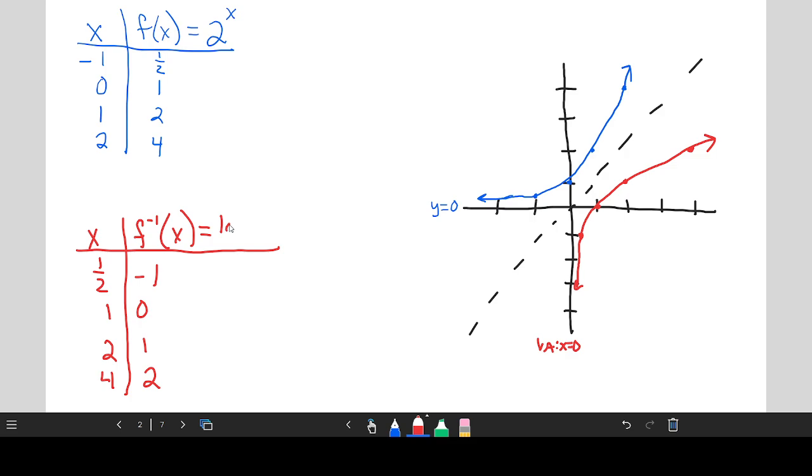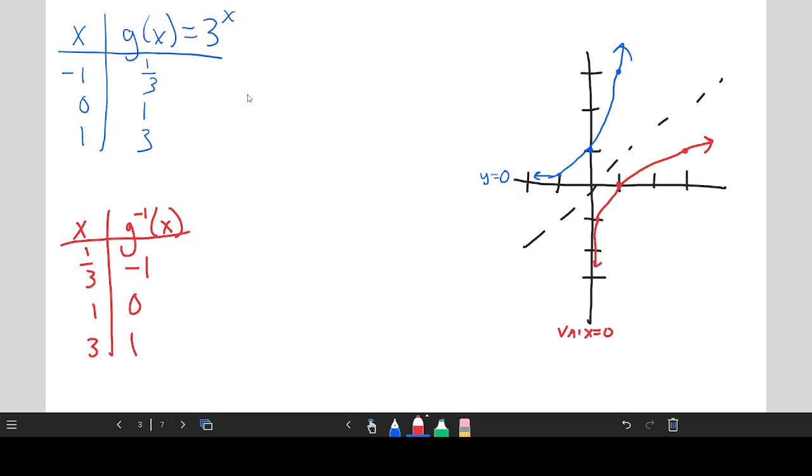So this would be log base 2, so log and then a subscript of 2, and then we just write an x in line with the log part. So it's log base 2 of x. And then similarly, when we graphed the inverse of 3 to the x, that inverse is going to be log base 3 of x.